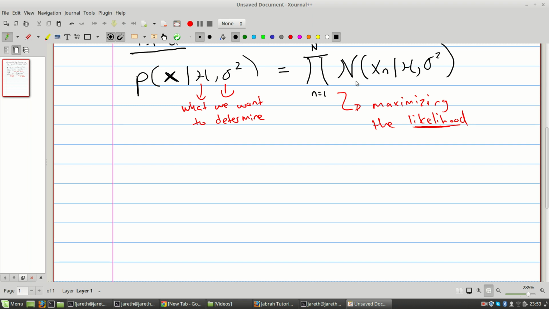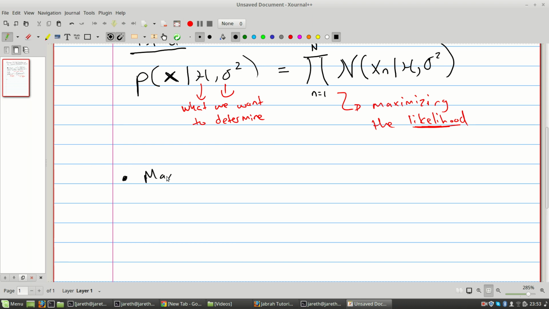Another thing is that from a mathematical standpoint, it's more convenient to maximize the log likelihood than to maximize the likelihood directly.